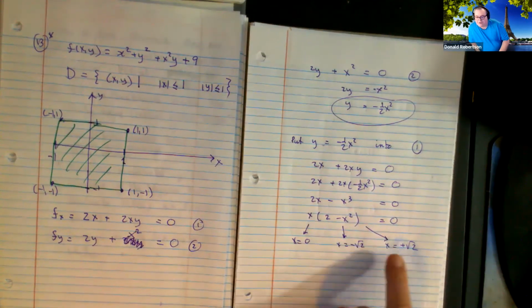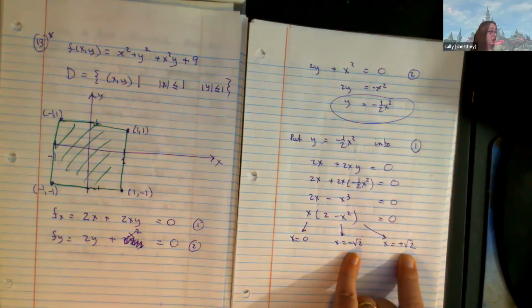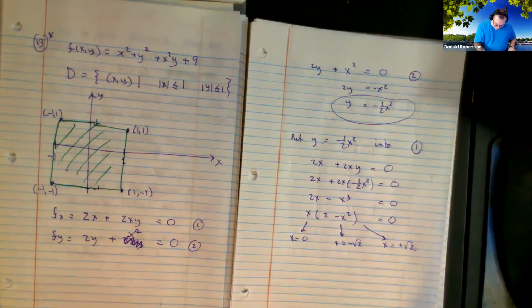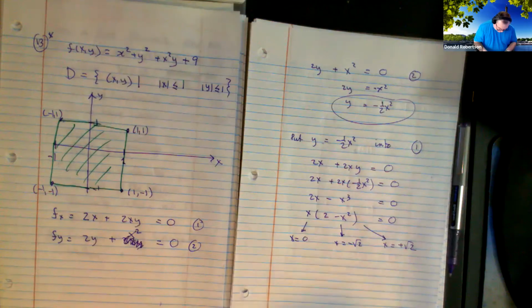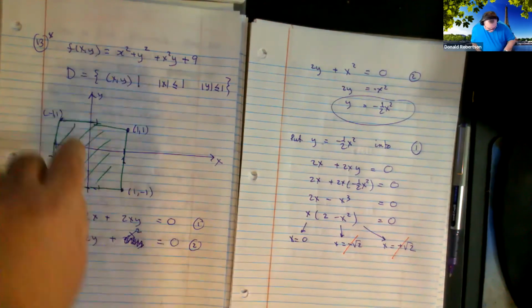What's the problem with these two guys? These two possible critical numbers that I could use? With the positive and negative square root 2, would that be outside of the domain? Yeah, they'd be over here somewhere. So remember, when you're looking for absolute values, you're only interested in critical numbers that are in here, right?